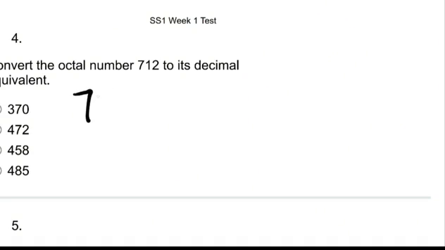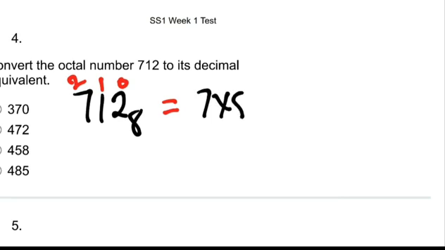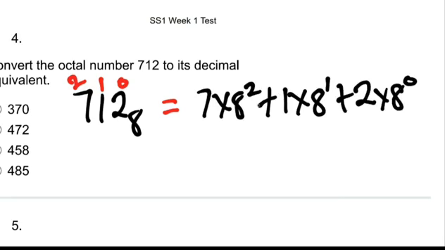That will be 712 base 8 to base 10. The positions are 0, 1, 2. Which will give us 7 times 8 raised to power 2 plus 1 times 8 raised to power 1 plus 2 times 8 raised to power 0.